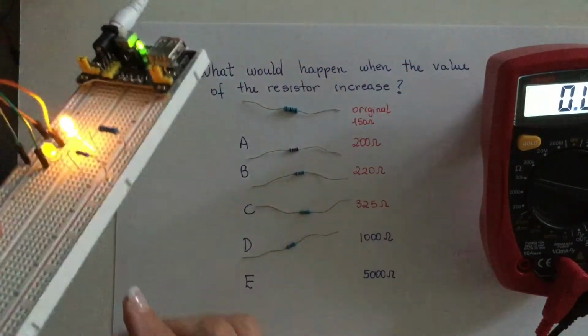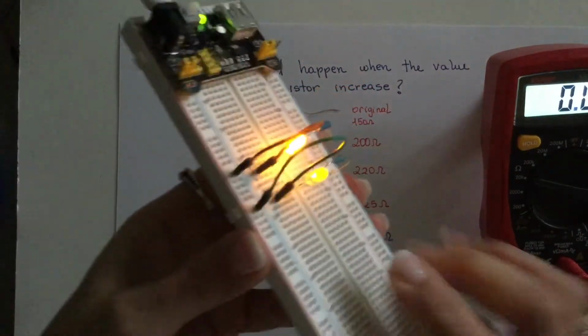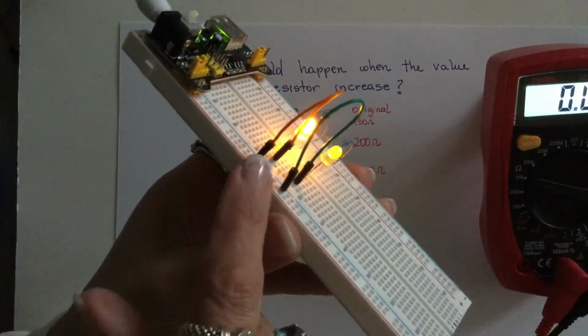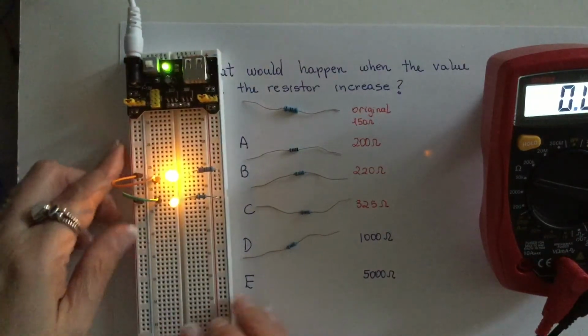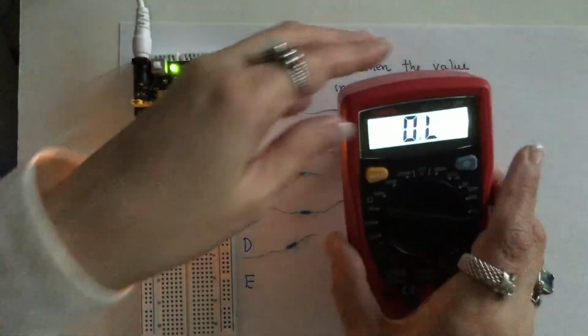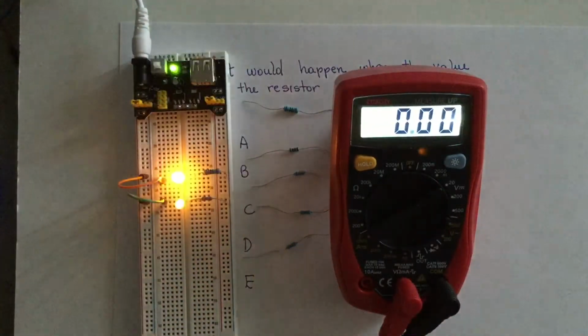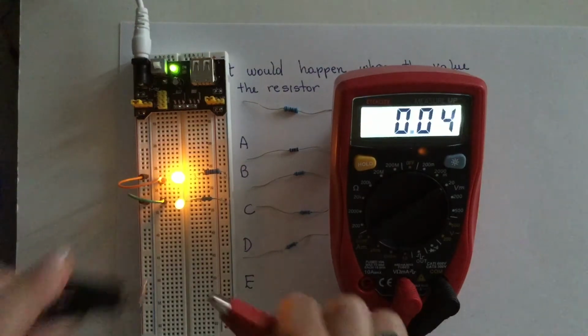Wow, big change here. Now this time, this LED connected to the 5K is way dimmer than the other one. So now let me check the voltage. So I'm going to move my dial to 20 and let's see what I get here.